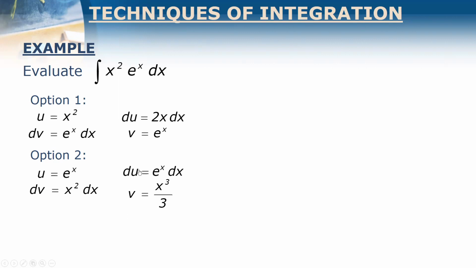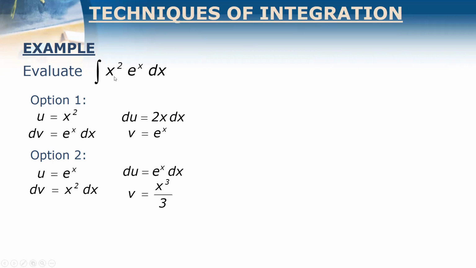So for option 1, integral of e to the x times 2x dx, di ba? Although they are not similar in nature, algebraic and exponential, but at least the power of x reduces or nag-decrease. Whereas for option 2, integral of v du, x cubed over 3 e to the x.